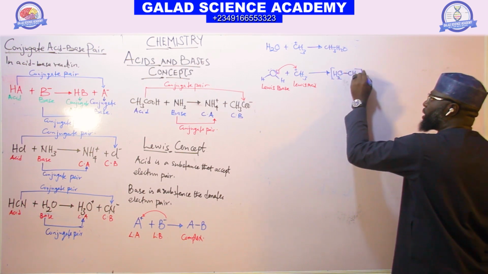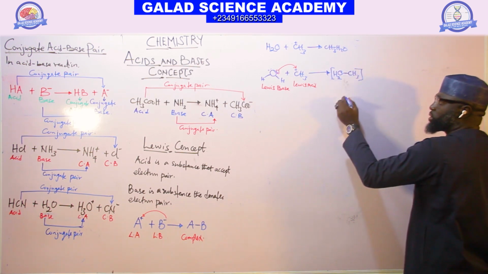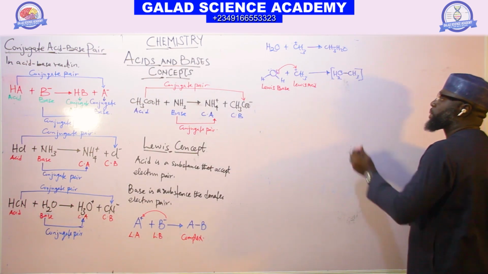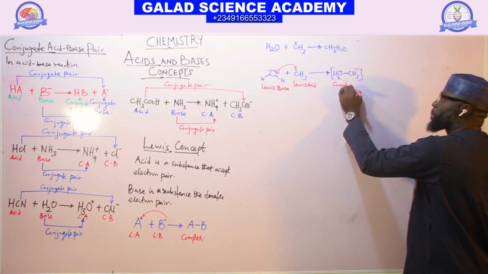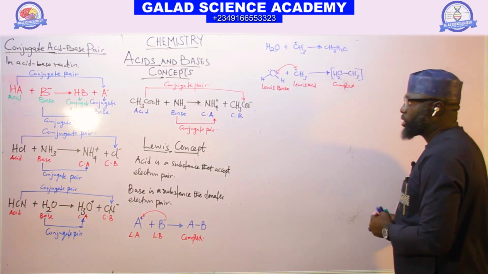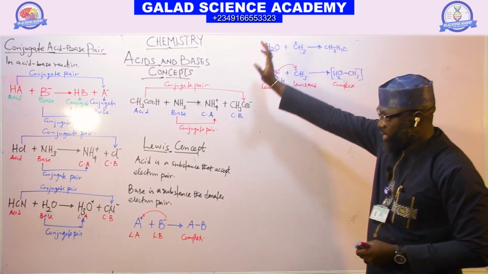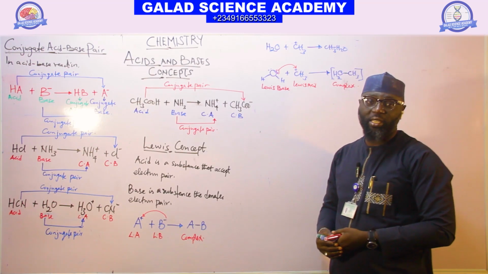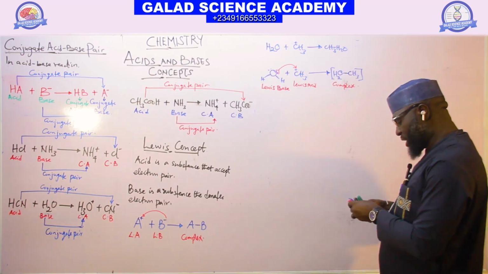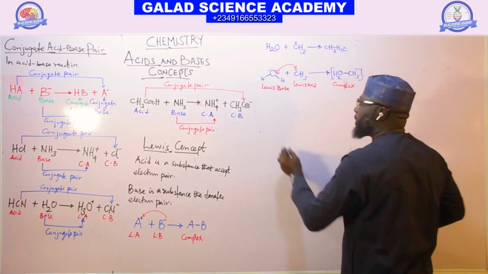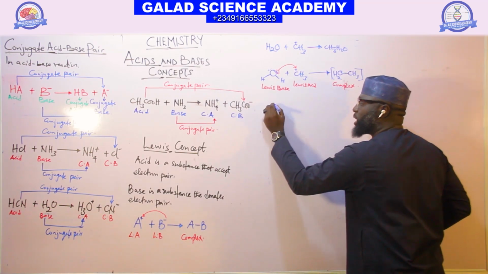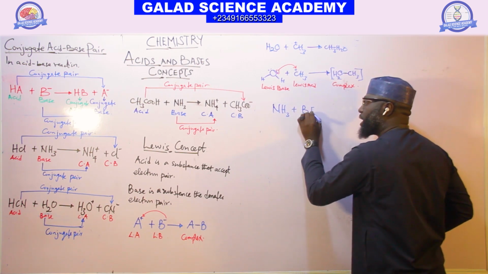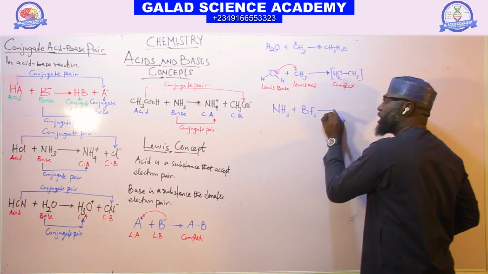It's a complex compound. So in short, Lewis acid accepts lone pair of electrons, base donates lone pair of electrons. Let me give you the last example on this. Now, have the reaction between NH3 plus BF3 to give us what?